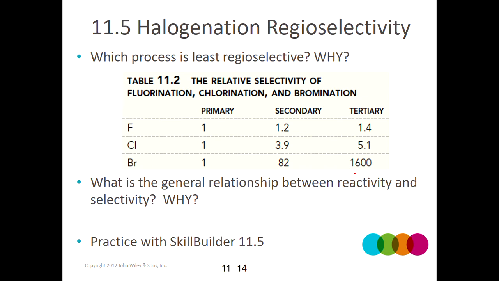So here's a table that shows the relative rates of reactivity for primary, secondary, and tertiary sites depending on the halogen that's used. And what we see here is the least regioselective is the fluorine. There's almost no difference in the energies for those 3 pathways. And why is that? Because when the fluorine reacts, the first step is even more exergonic.